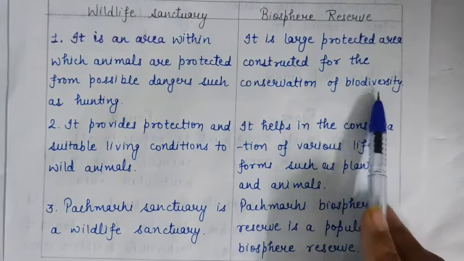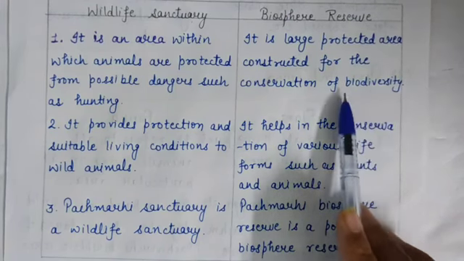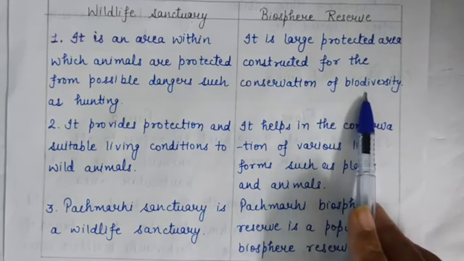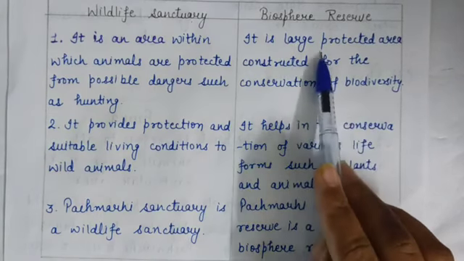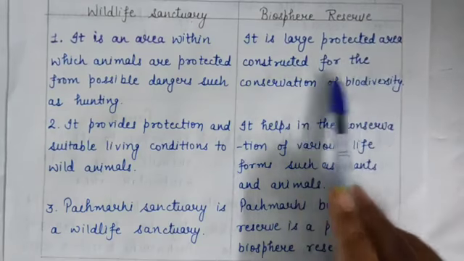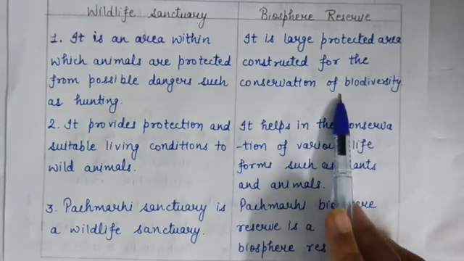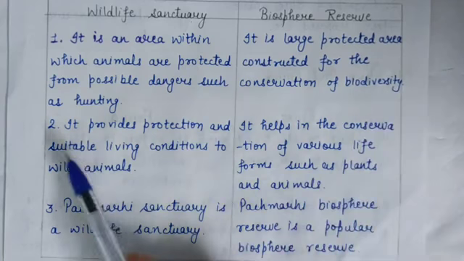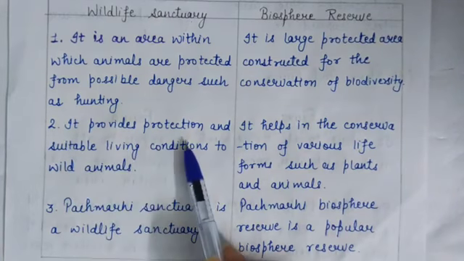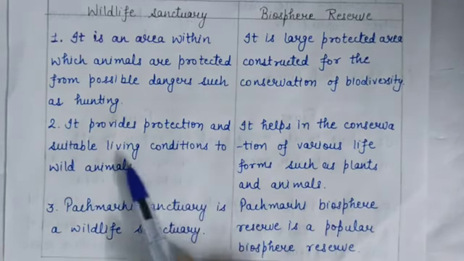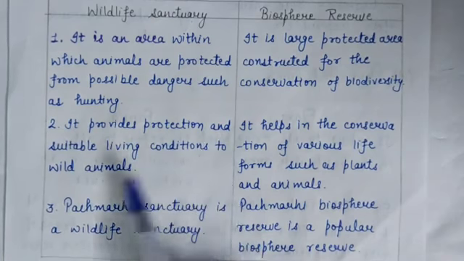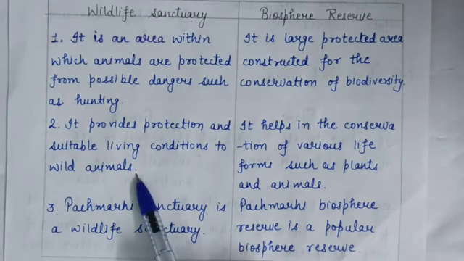Means it includes wildlife sanctuary, national park also. Okay, and it is a large protected area constructed for the conservation of biodiversity. Second is it provides protection and suitable living conditions to wild animals.